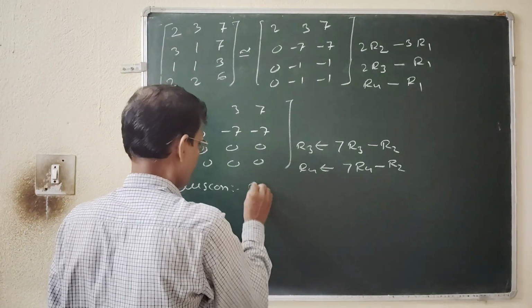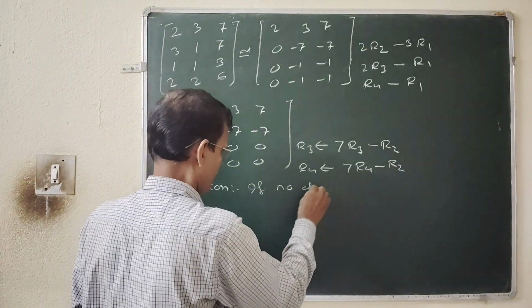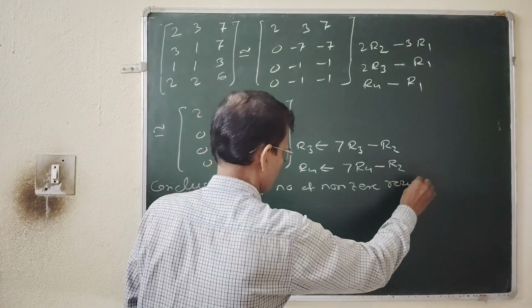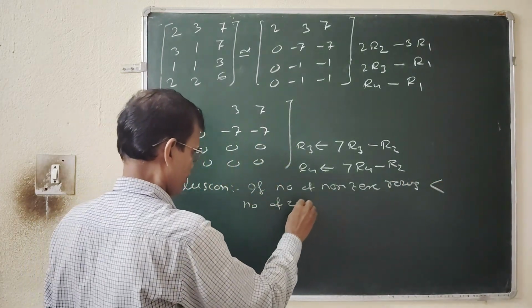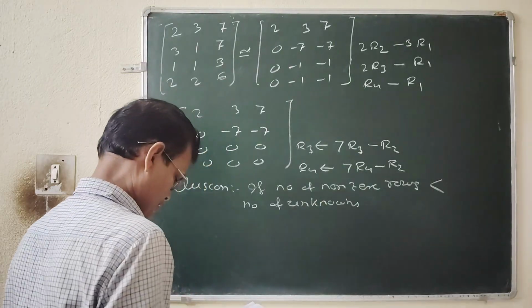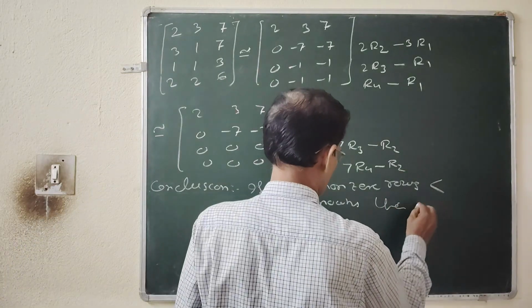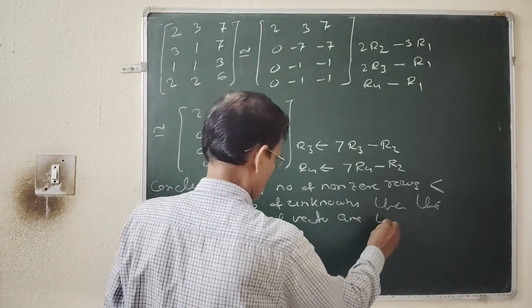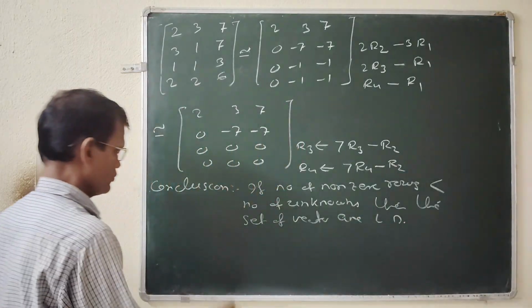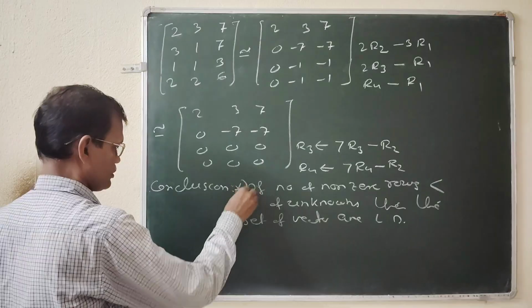If the number of non-zero rows is less than the number of unknowns, then the set of vectors is linearly dependent. This is our first rule.